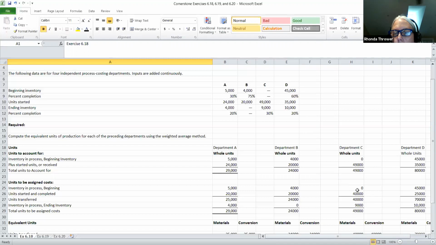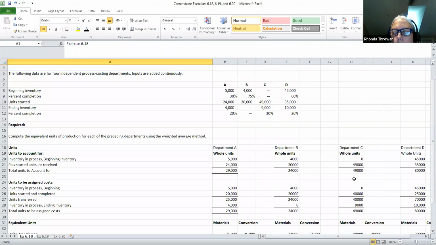We know the beginning inventory was 0, and we know that 9,000 units are ending inventory. So we really had to work backwards just to find the units transferred. So 49,000 less 9,000 is 40,000, which is your units transferred. And because we had no beginning inventory, that is also what we started and completed during this period of time.